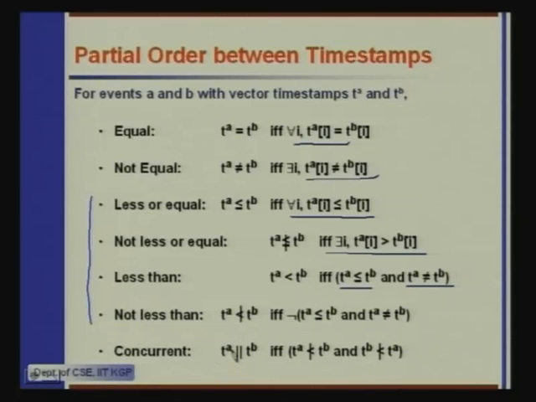So, Ta is concurrent with Tb if Ta is not less than or equal to Tb and Tb is not less than or equal to Ta. So, equality, if they have the same timestamp, then Ta and Tb are the same event. Otherwise, Ta and Tb are concurrent events.